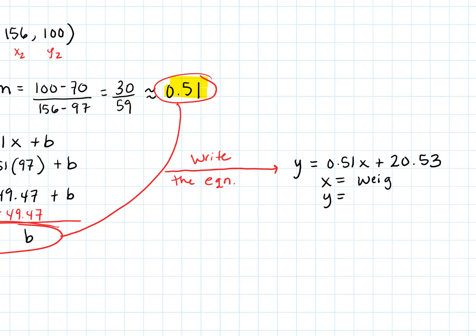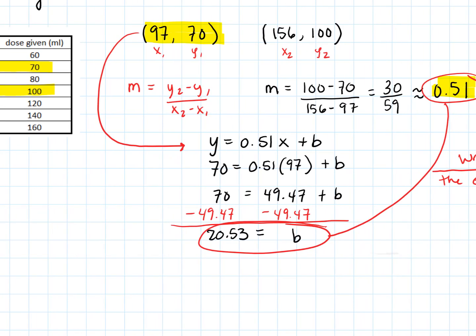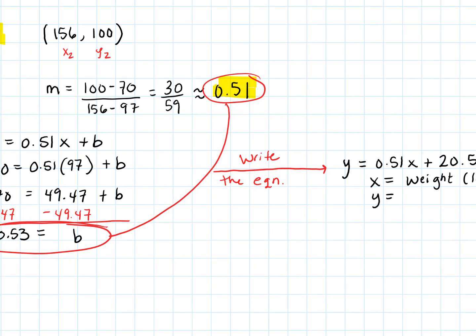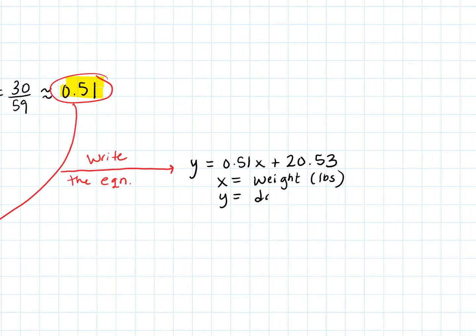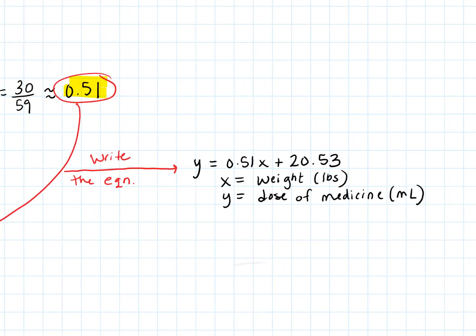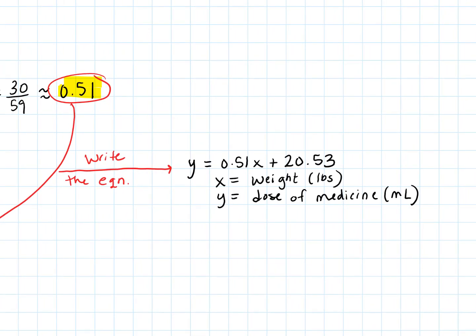So we say weight in pounds. And y represents the dose. So this is the dose of medicine in milliliters. I believe it was milliliters. Let me check. Yeah, in milliliters. And this is our answer.